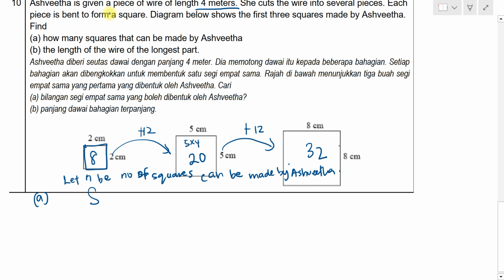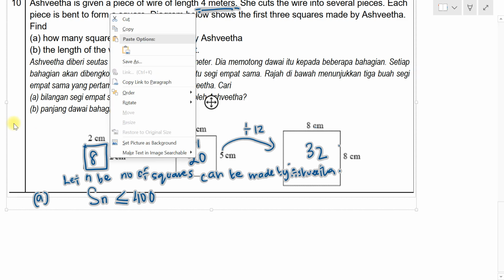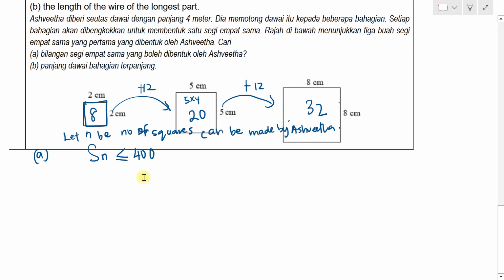So Sn, the sum of all your progression, should be less than or equal to 400 centimeter. Correct or not, guys? I just use inequality, just in case we cannot get a perfect whole number, we can round off.